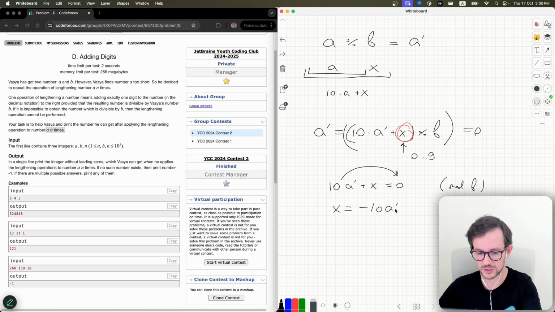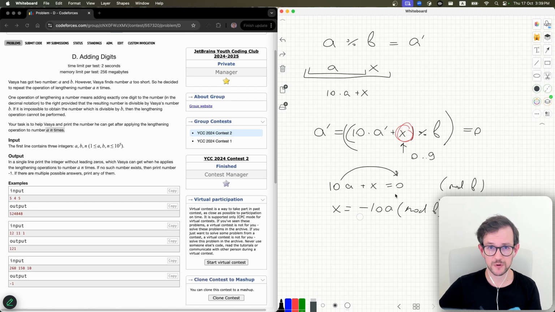Now let's just remove the prime for simplicity. So x should be equal to minus 10a modulo b. So actually you can find this number x just using math. You don't need to iterate over all of them, but you also can iterate over all of them. Since everything is small in this problem, you can do it like this.